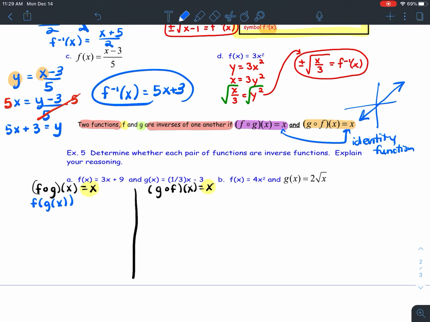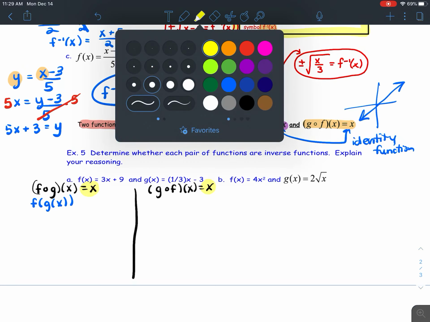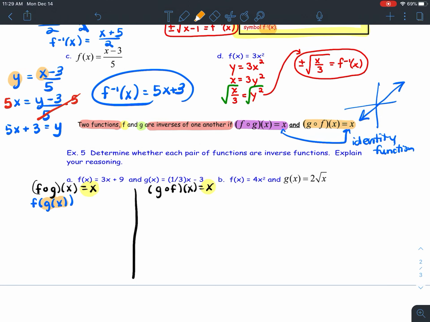Okay, remember composition works from right to left. So you're going to start on the inside here, on the right, g of x. You're going to come up to the directions, you're going to grab g of x, and you're going to replace the symbol g of x with 1/3 x minus 3. Okay, remember, right to left.